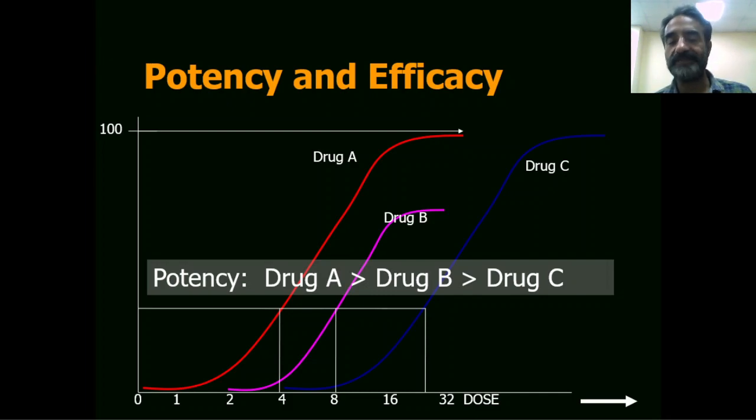Drug B is more potent than C, but less potent than drug A.